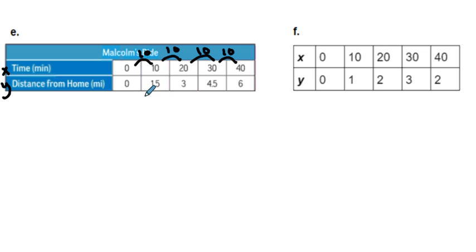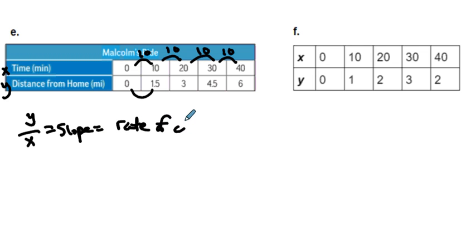We have to verify that this also is the same here, so we have the same ratio, because remember, your slope, your rate of change is always y over x. That's your slope, and it's also the same as your rate of change. So these are all different words for the exact same concept.